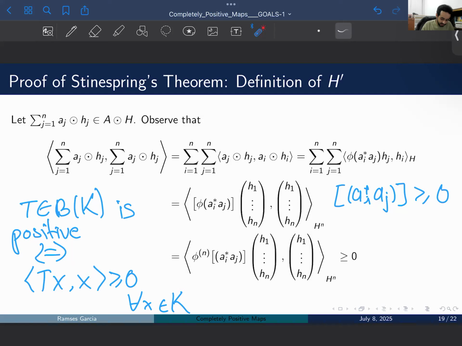Since phi n is positive, this element is positive, and this is an operator on the Hilbert space H^n. By this criterion, we conclude that this is greater or equal than zero.